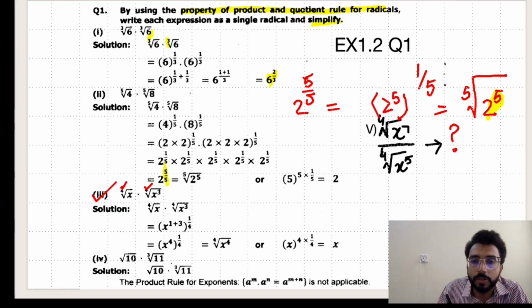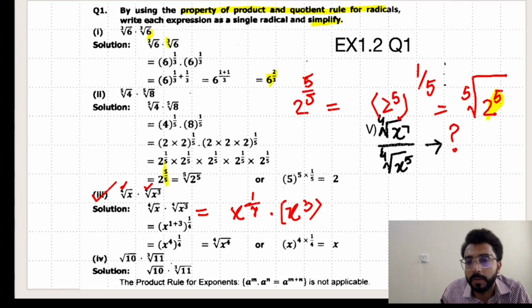One step is missing here: x to the power 1 by 4, the fourth root, into x to the power 3, 1 by 4.